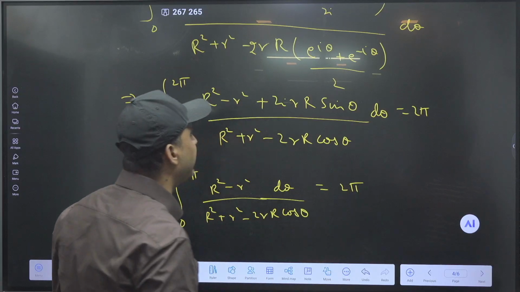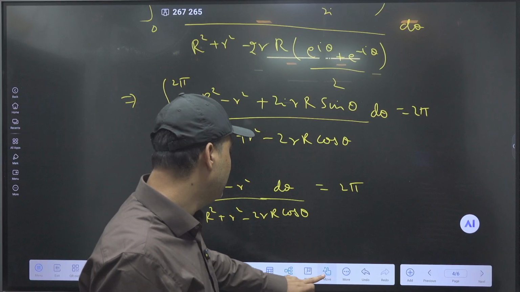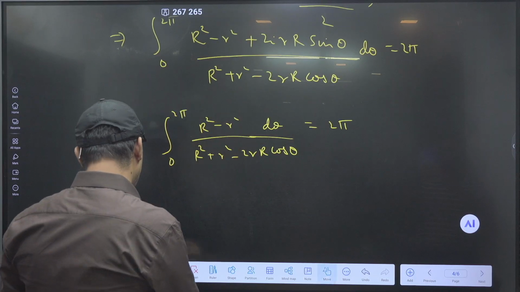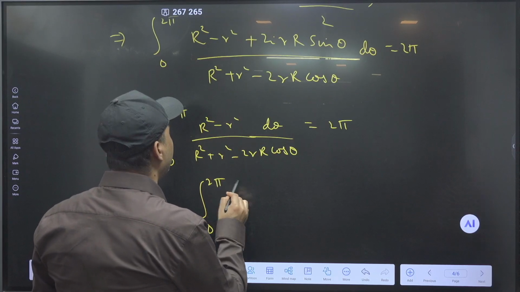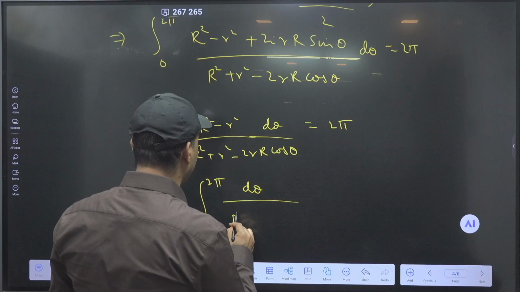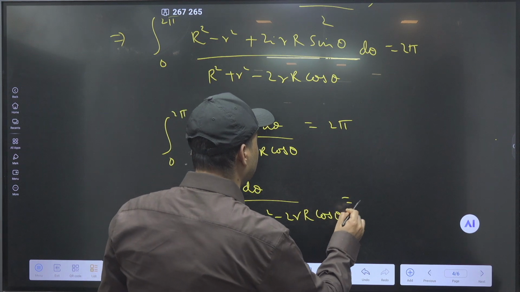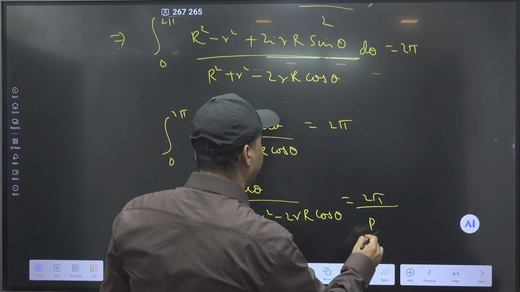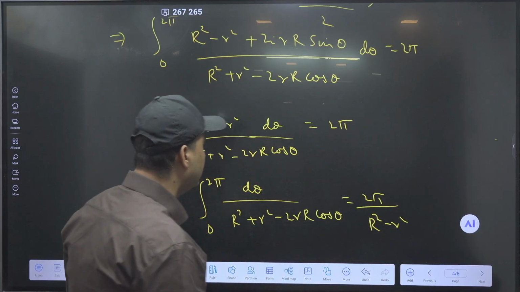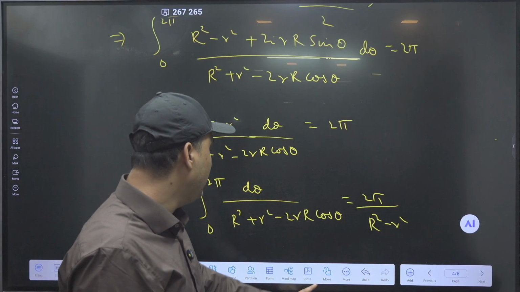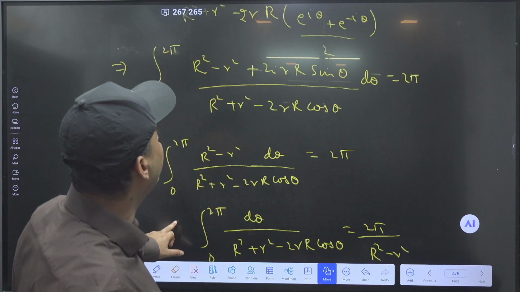Yes or no? Because I am separating real and imaginary part. And from this I can also conclude or deduce that dθ upon R² + r² − 2Rr cos θ is equal to 2π upon R² − r². This is what I can write. I can also equate the imaginary part.